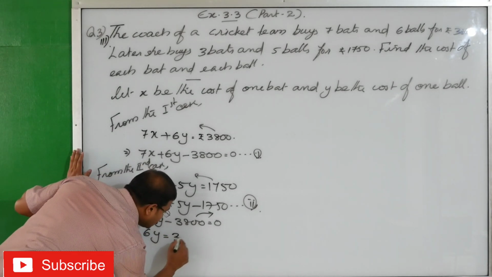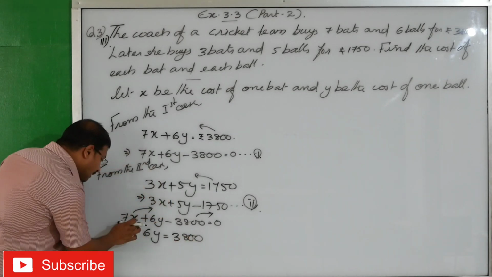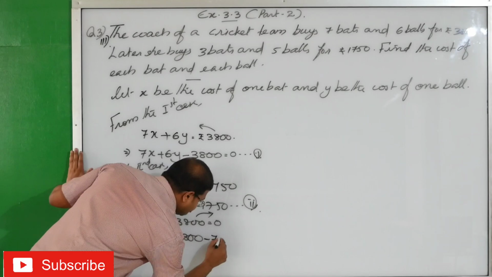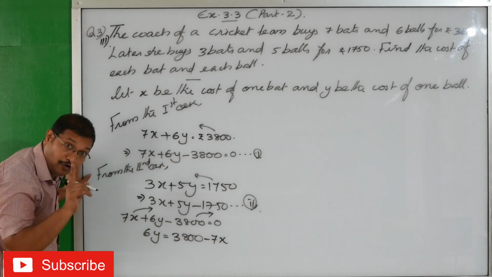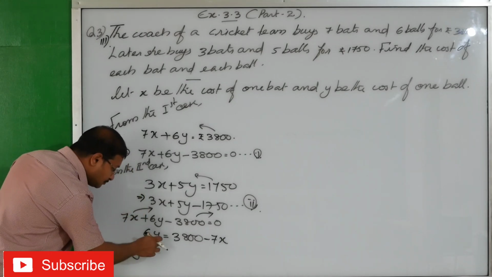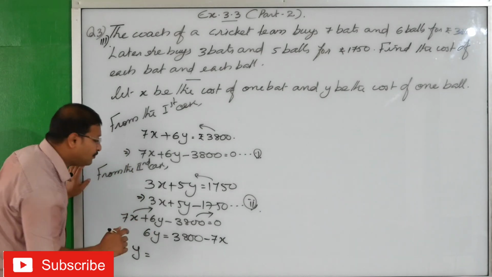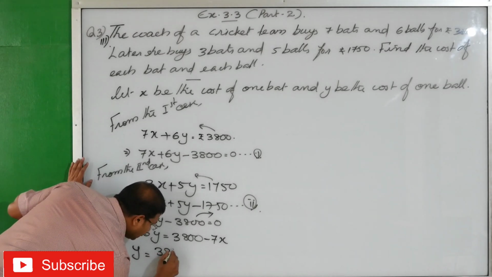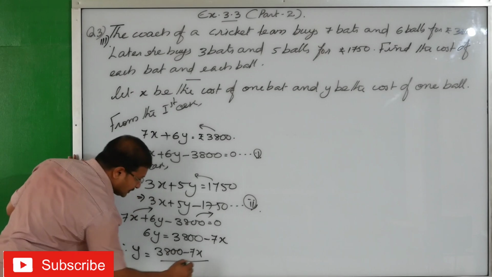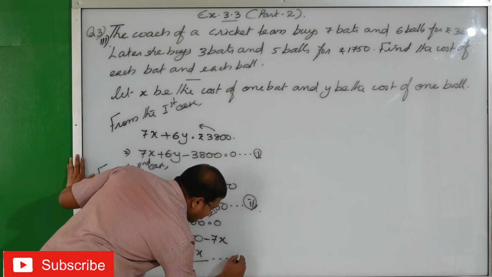That means 3,800. After that, plus 7x goes next side, minus 7x. Ready? Now we want the value of y. Therefore, y equals 6 is multiplying, goes next side, divide. That means 3,800 minus 7x divided by 6. This is equation number 3.